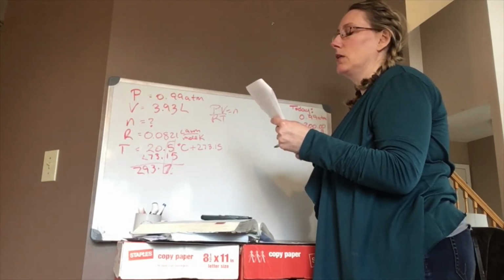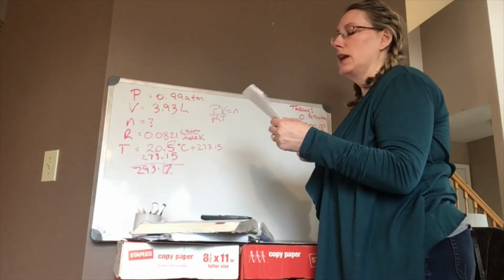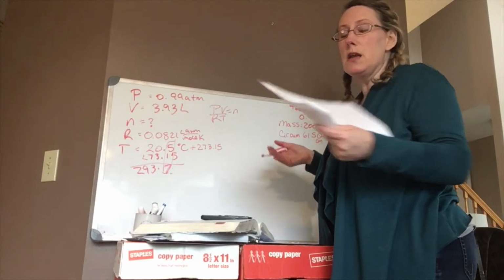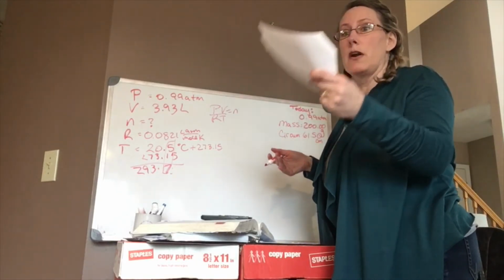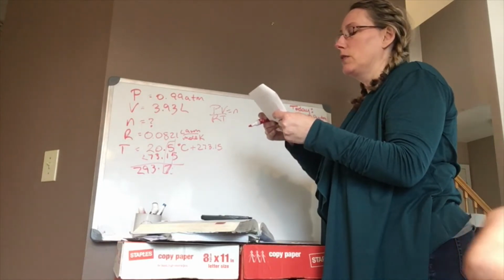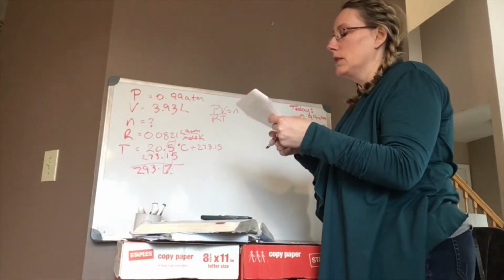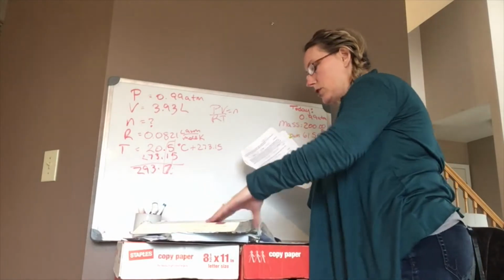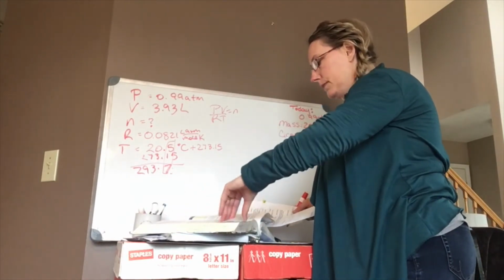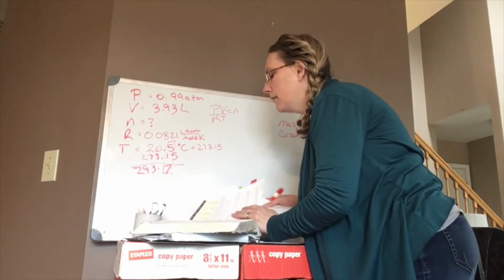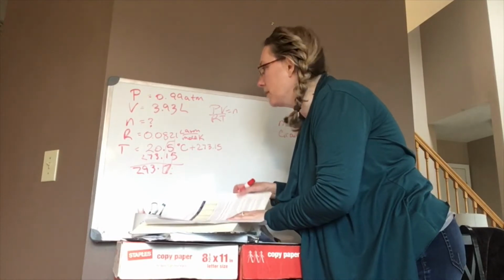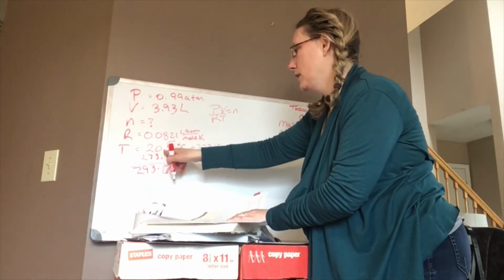To figure out the pressure of just the carbon dioxide gas, because it's collected over water, and there's water in the air that we use today, we're going to have to figure out the partial pressure of that. So we go to our little chart, table 12.1. Our temperature is 20.5 degrees.